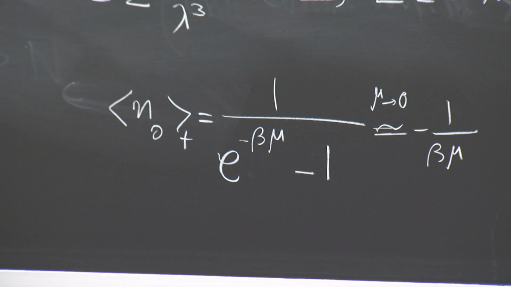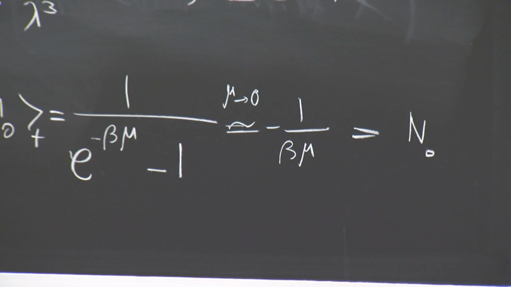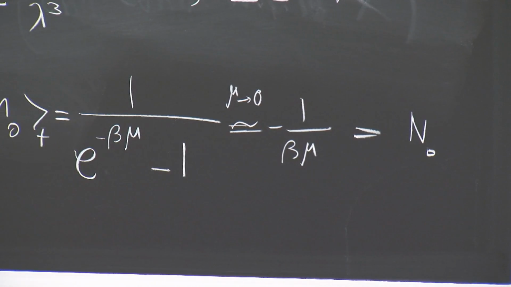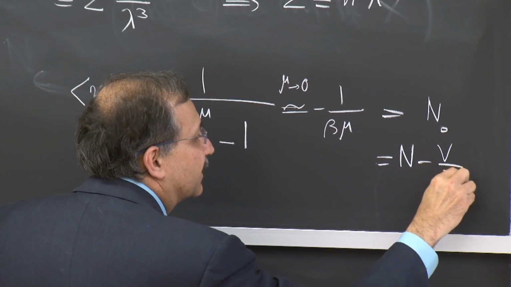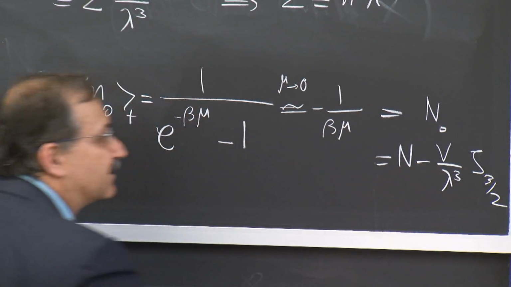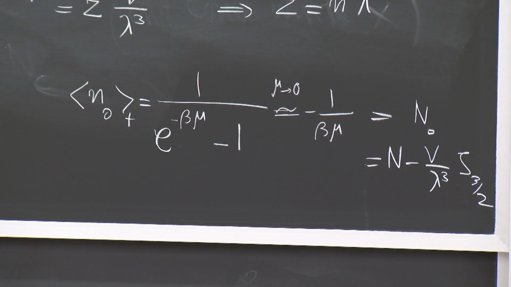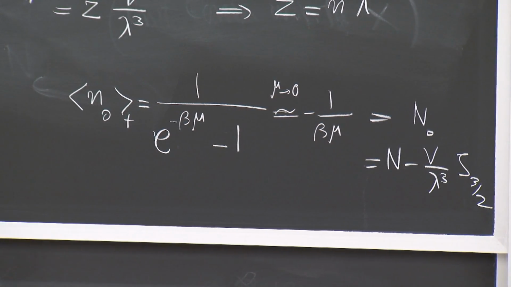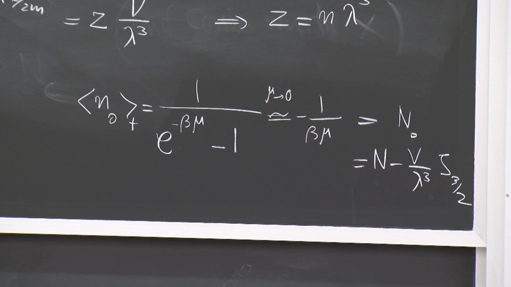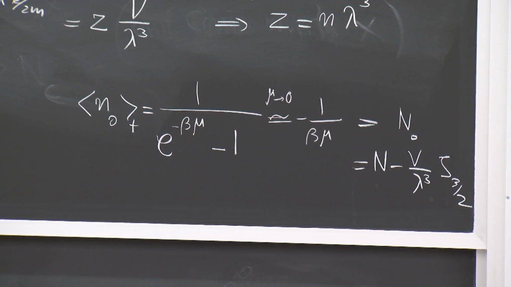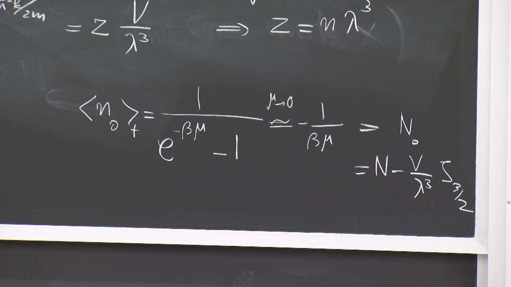And I want this to be the n0, what is left over when I subtract from the total number the amount that I can put in to the ground state. Okay? And so you can see that this is a quantity that is extensive. It is proportional to the number of particles. And mu is the inverse of that. So it is infinitesimal.